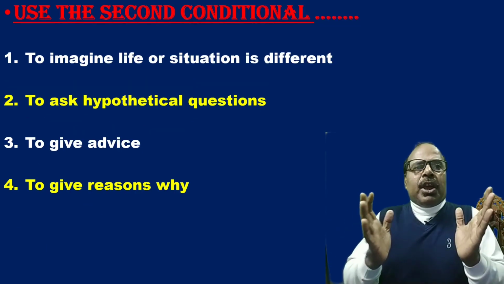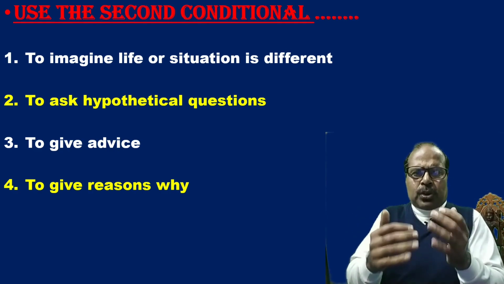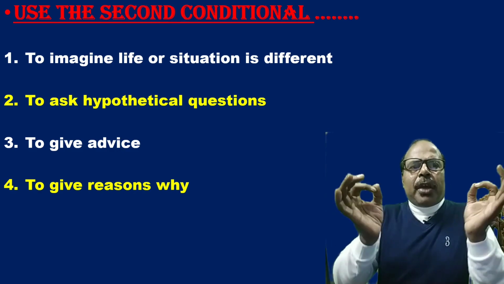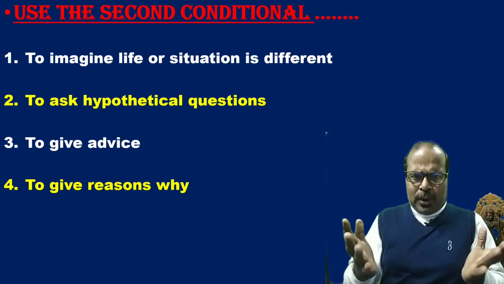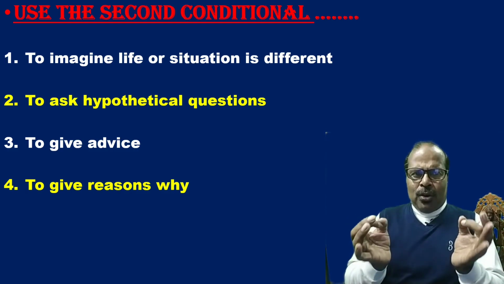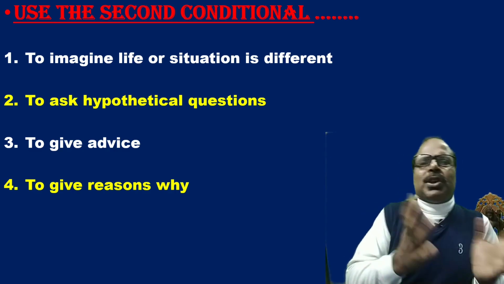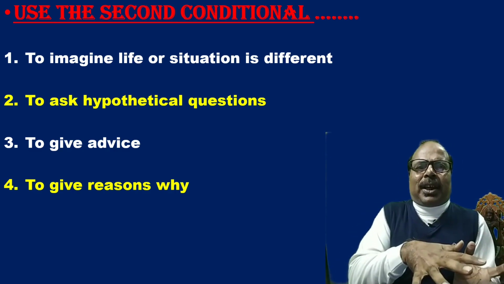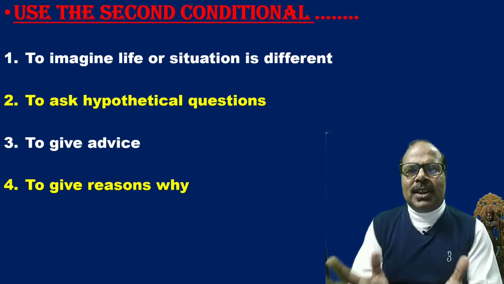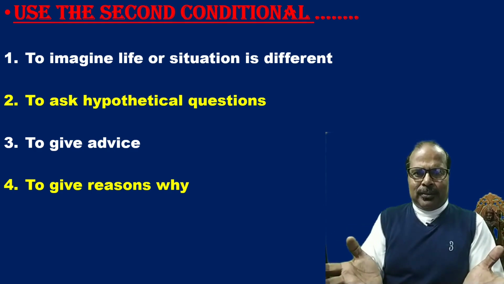Now, use the second conditional. When we should use the second conditional? To imagine life or situation is different. So, when we imagine life or situation is different, present situation is different. Present situation ta যখন different.